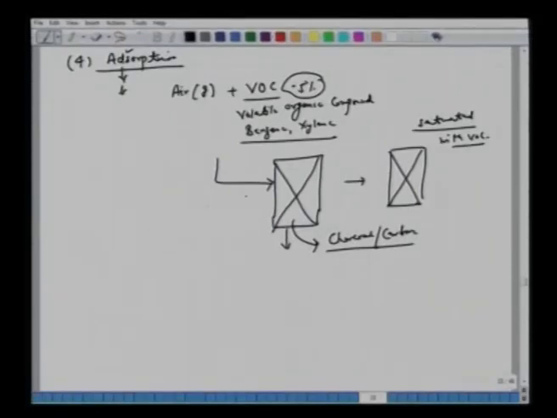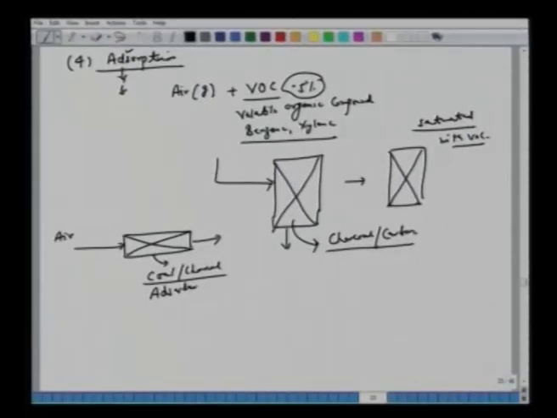So if you start with again this packing, let's say we have this horizontal packing, bring it in contact with air, a packing of, as we said, some coal, charcoal. We'll talk about different types of adsorbents. The air contains a certain level of VOCs.